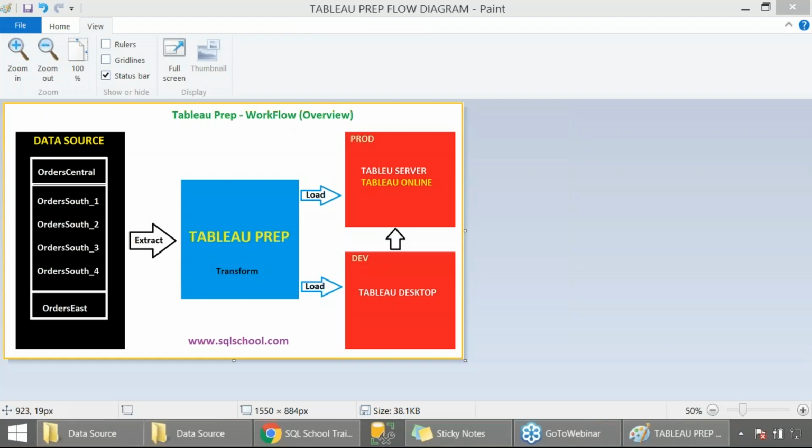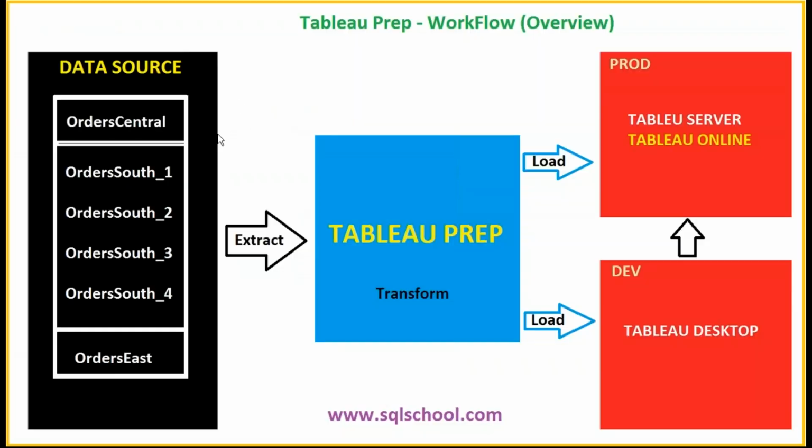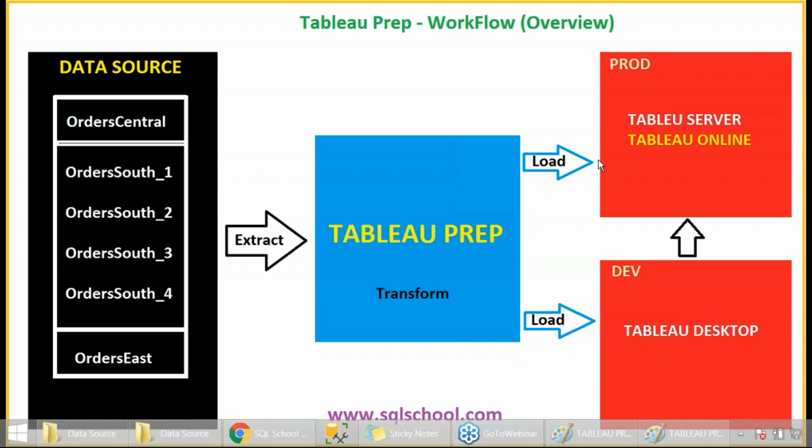Our requirement is to extract the data from these data sources, combine and consolidate them into a single usable file, and load it to either the server, the online production environment, or our Tableau Desktop, and we can proceed for further report design from there.